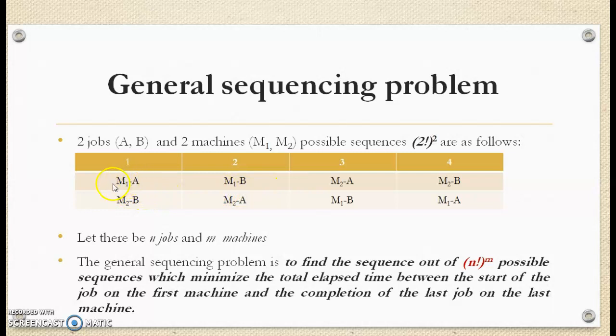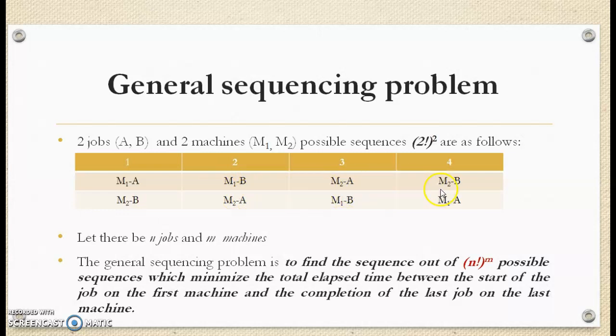Now if we sequence job A first on machine M1 or job B first on machine M1, there will be 2 sequences. Again, if we process job A first on machine M2 or job B first on machine M2, the sequences will be in this manner.